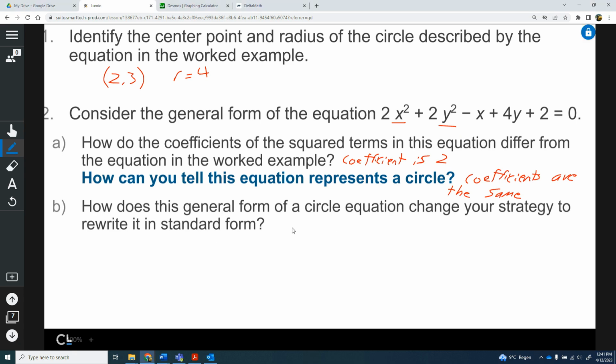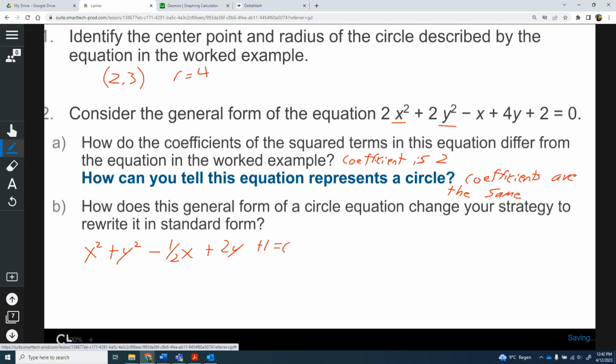So how does the general form of a circle equation change your strategy to rewrite it in standard form? Well, I'm going to need to divide each side by 2. So I'm going to divide every term by 2. So I would not have 2x squared, I'd have x squared plus y squared minus 1/2 x plus, nope, not 4y, plus 2y plus 1 equals 0.